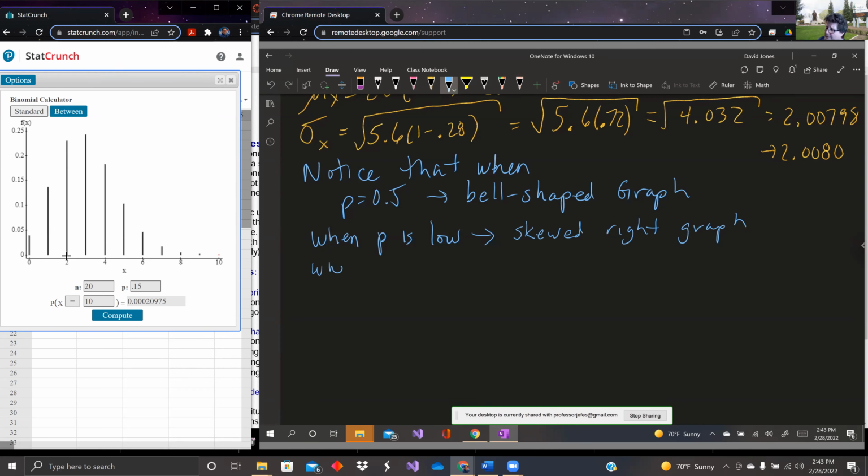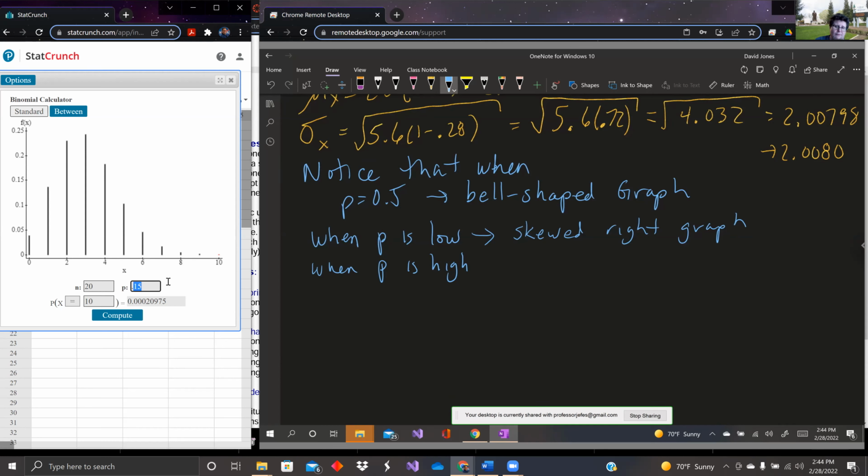And when the probability is high, the opposite is true. If we have like a 90% chance of picking a house with a home, we should be getting some up in the 15, 16, 17 range, something like that.